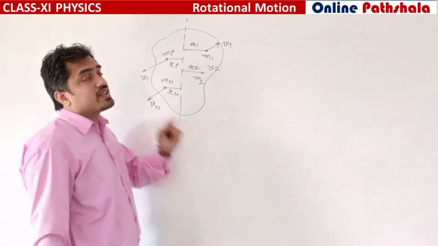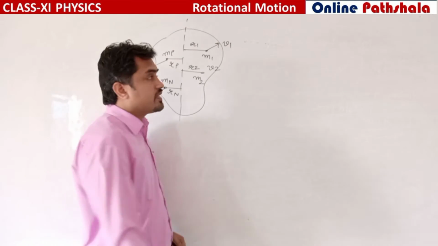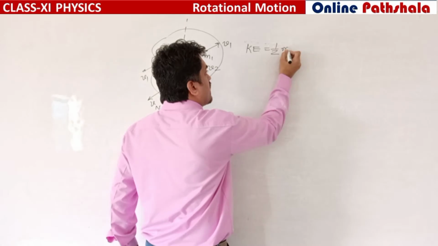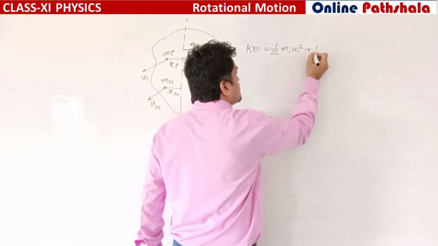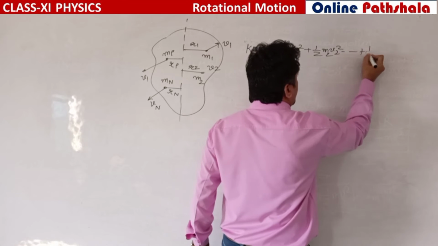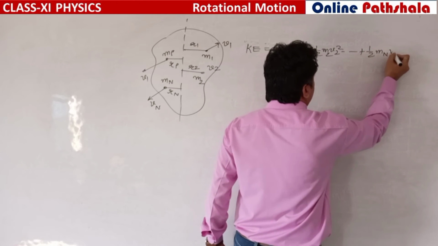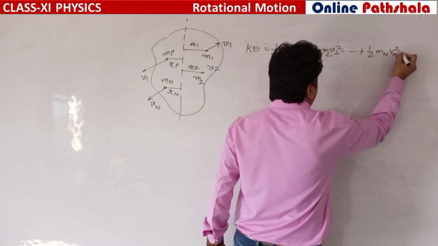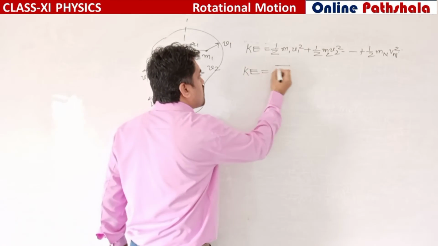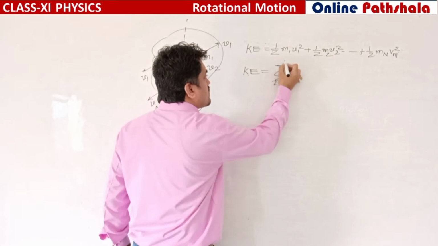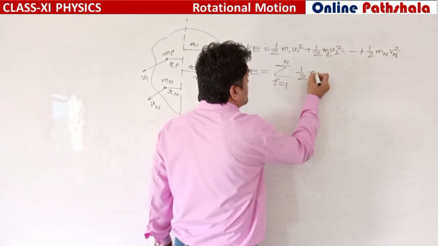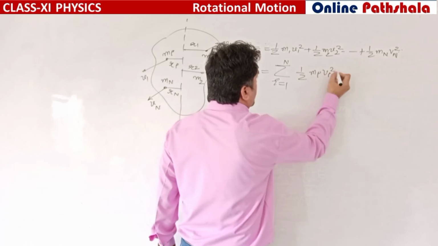So what is the total kinetic energy of the particles? The kinetic energy is equal to half m1 v1 square plus half m2 v2 square up to half mn vn square. We can write this in the form of summation i equal to 1 to n of 1 by 2 mi vi square.